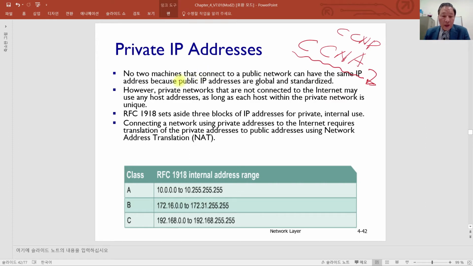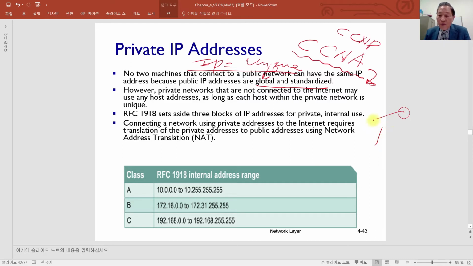Okay, let's read this one first. No two machines that connect to a public network can have the same IP address, because that is unique. Our IP address should be unique in the world. Worldwide unique. Because public IP addresses are global and standardized, these IP addresses are unique. However, private networks that are not connected to the internet may use any host addresses as long as each host within the private network is unique.